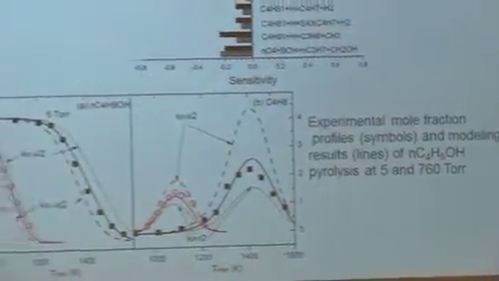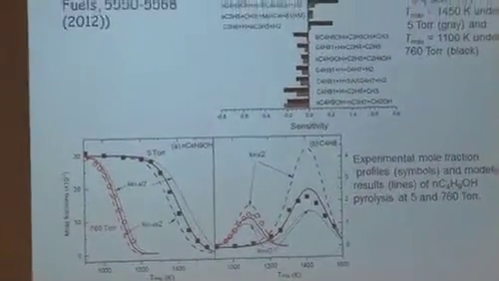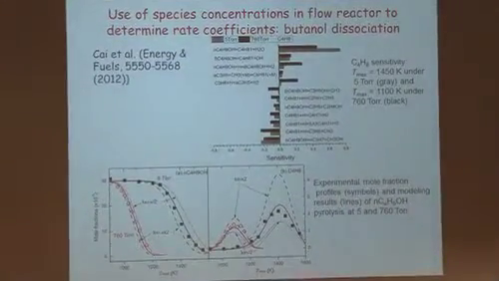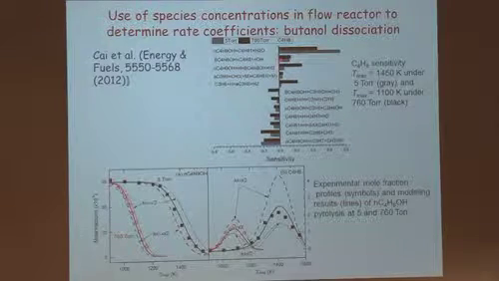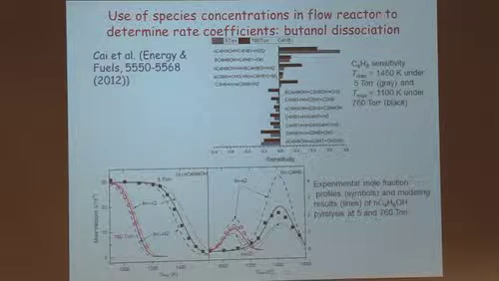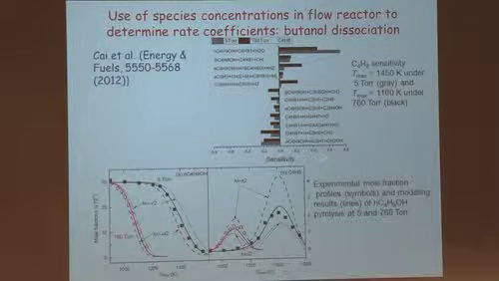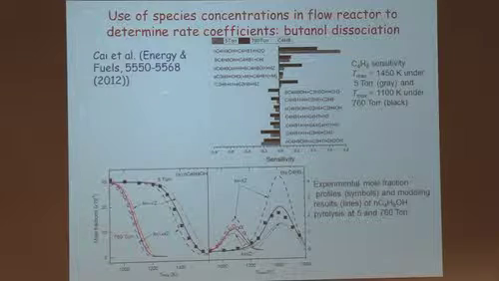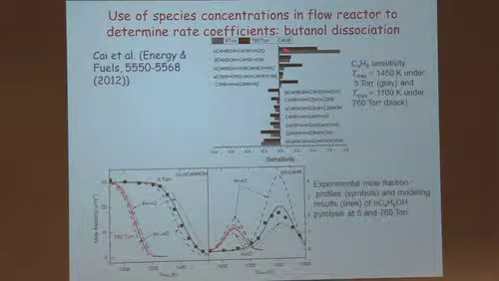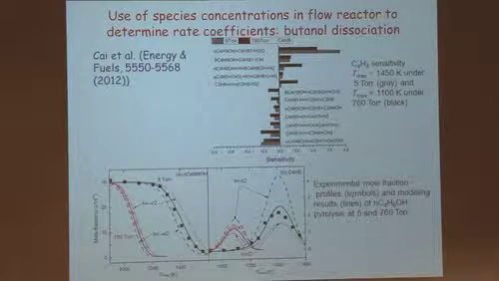And so what they've done is they've taken the approaches that are used in the shock tube experiments to look at sensitivities, so that they need, once again, a reaction mechanism. So a reaction mechanism, which in this case is really quite complicated, is an essential element, but they can probe this reaction mechanism. And so these are the sensitivities at 5 torr and at 760 torr for different reactions in their mechanism. And this is the sensitivity with respect to butene 1.